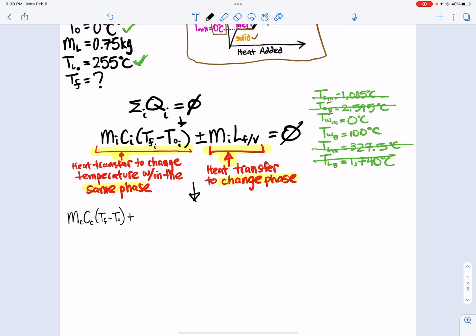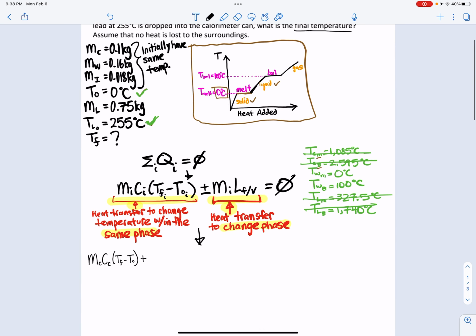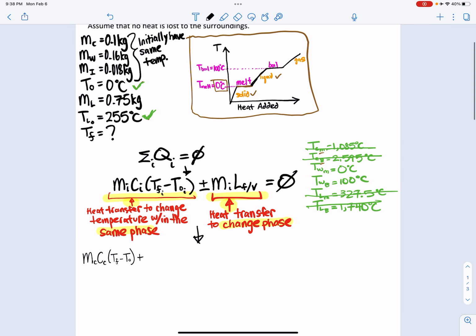Okay, and then what else do I have? I also have water. So I have the mass of my water times the specific heat of my water times the final temperature minus initial temperature for water. Okay, plus the mass of my ice times specific heat of ice, which is the same as specific heat of water, times the change in temperature for ice, right?